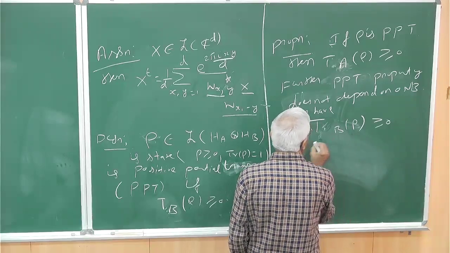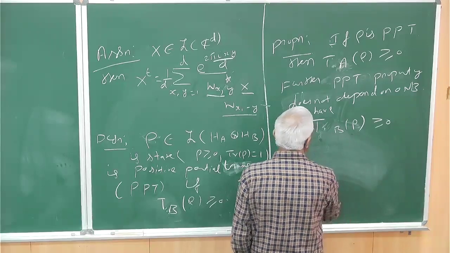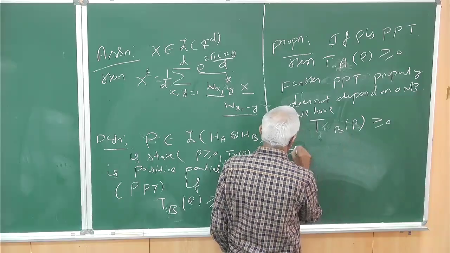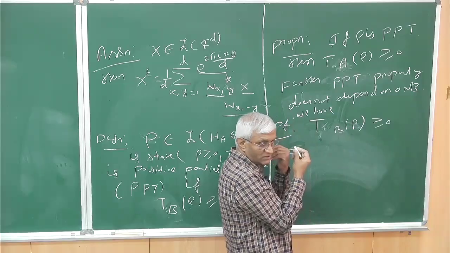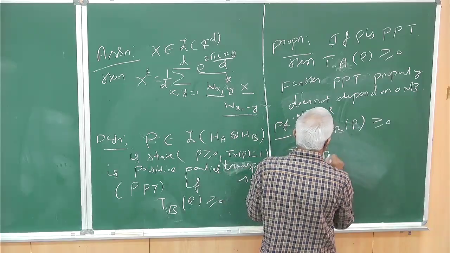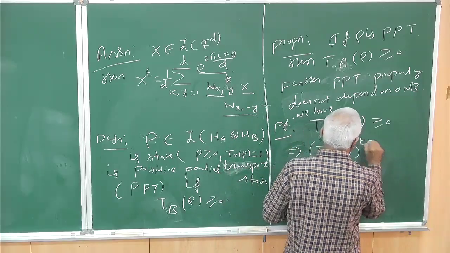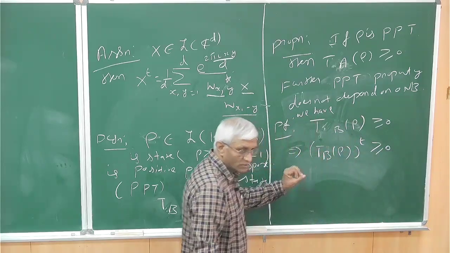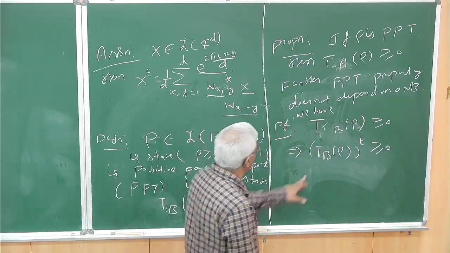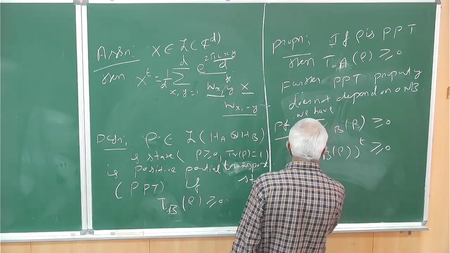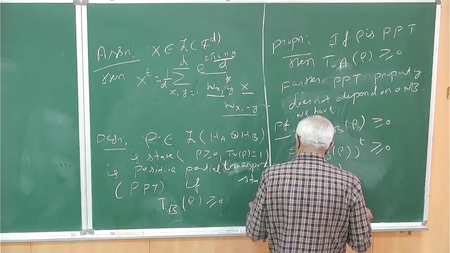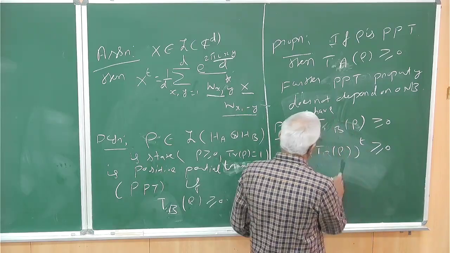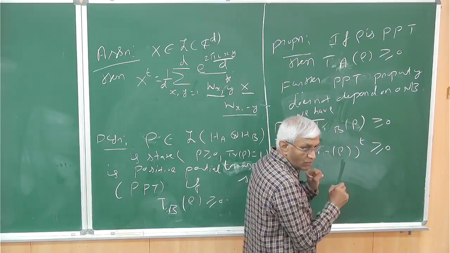Now T_B of rho is greater than or equal to 0. Now you can take the transpose of this whole matrix. If something is positive, then the transpose is also positive. That is, T_B rho transpose is also positive. This is the usual transpose, and this usual transpose is going to be T_A tensor T_B. It is just the transpose taken in both the components.